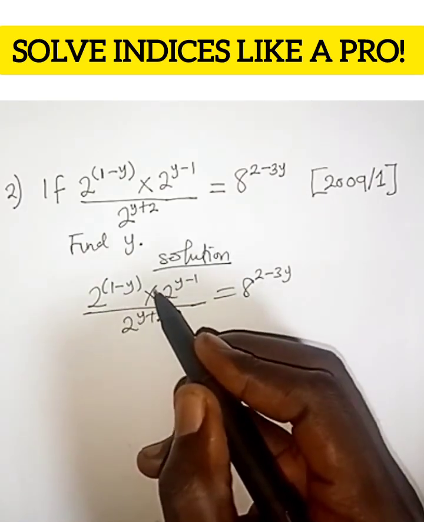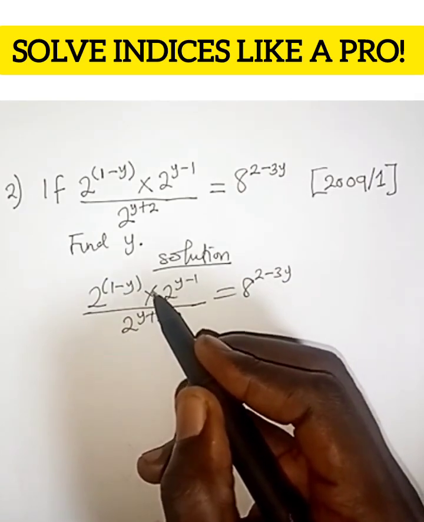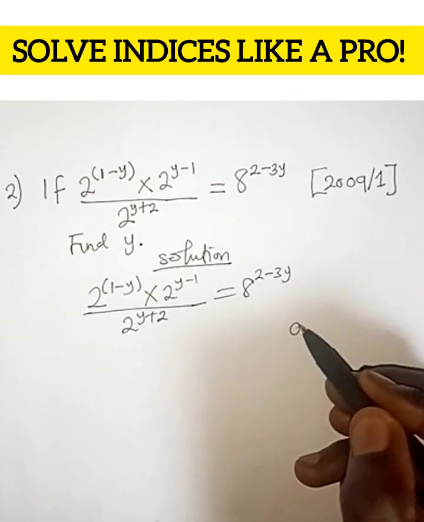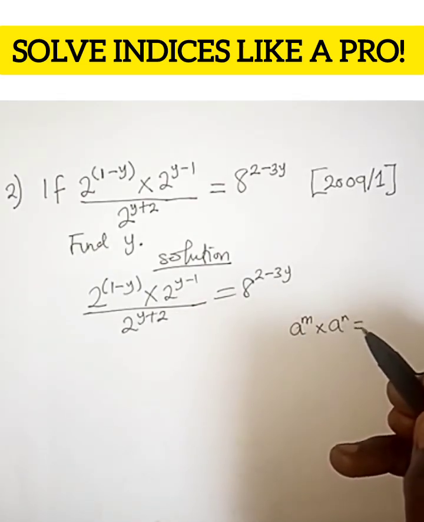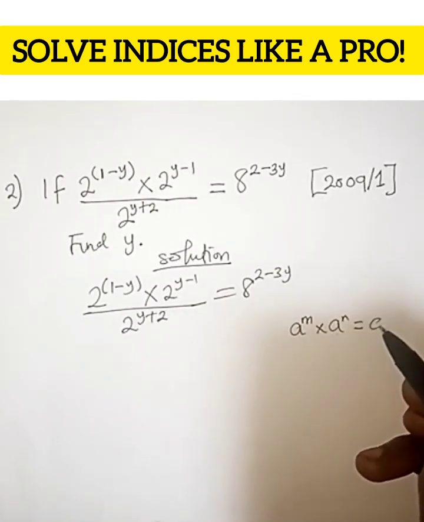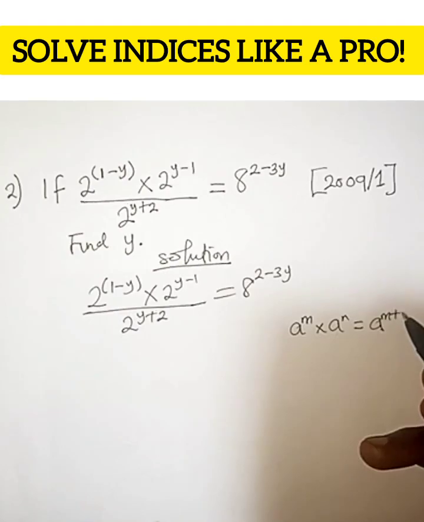If they have the same base and the operation here is multiplication, what does the law of indices say? If you have a raised to power m times a raised to power n, with the same base, we are going to have a raised to power m plus n.